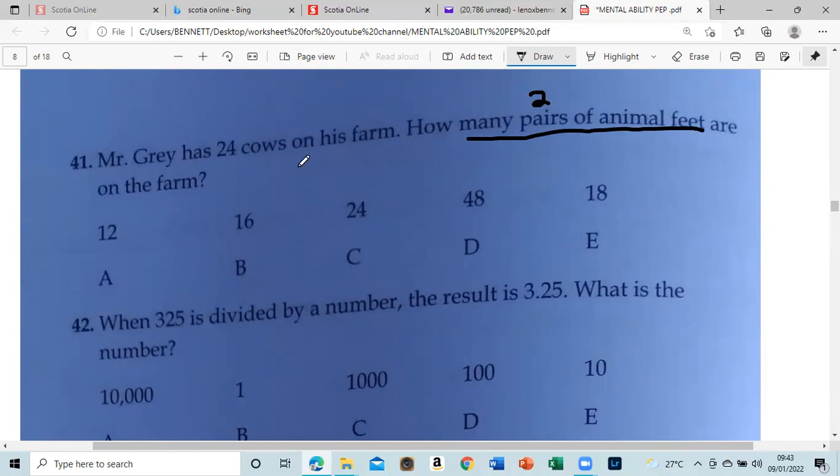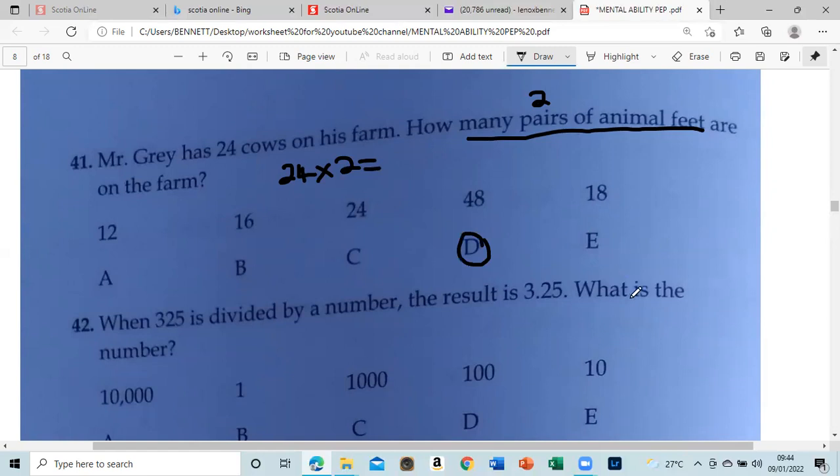Or we can just say each cow has 2 pairs, right? I don't know how you guys want to work it out. So let's do 24 times 2, because each cow has 2 pairs, right? That is 48. So let's just not complicate it.